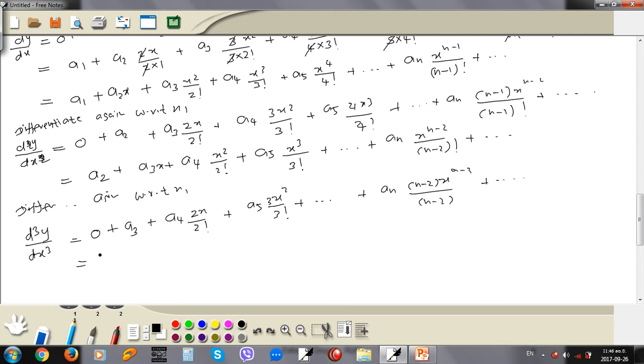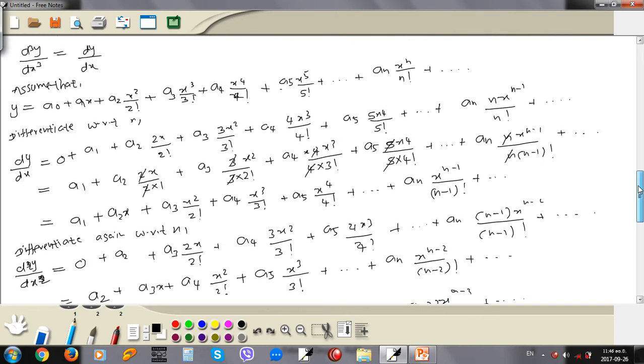So we can simplify again as in the previous way. Then comes a3 plus a4 times x plus a5 times x squared over factorial 2 plus, up to an times x to the power n minus 3 over n minus 3 factorial. Likewise you can find.